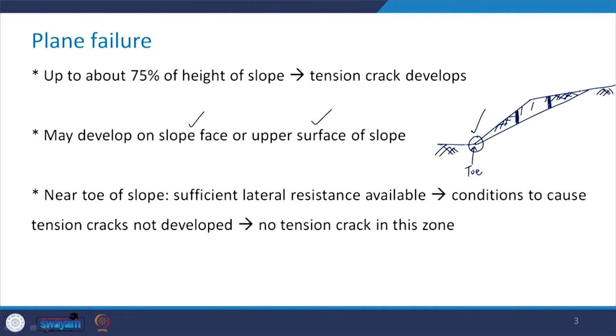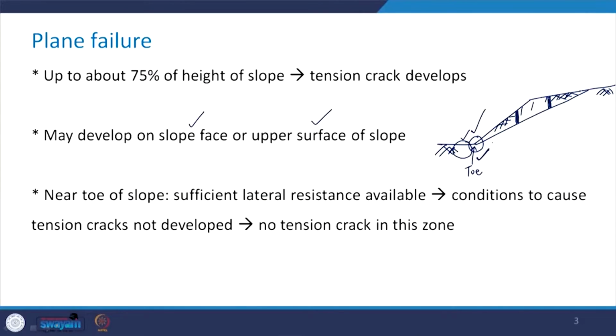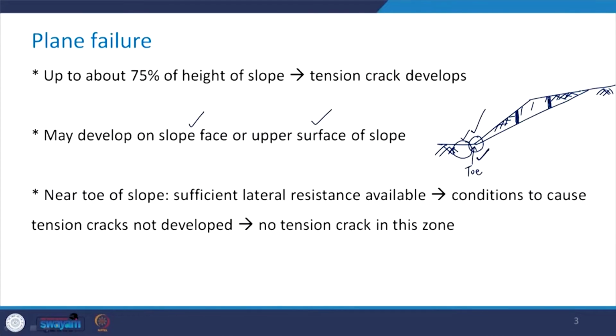Here sufficient lateral restraint is available and therefore, the conditions required to cause tension cracks do not develop, and therefore no tension crack occurs in this zone. So, the tension crack can occur either on the slope face or on the upper surface of the slope.